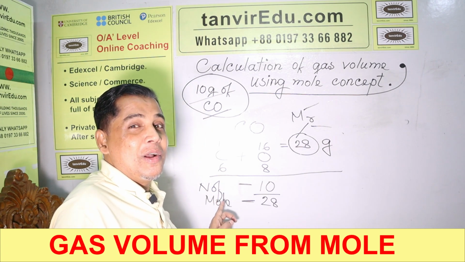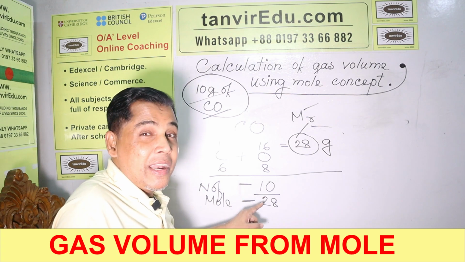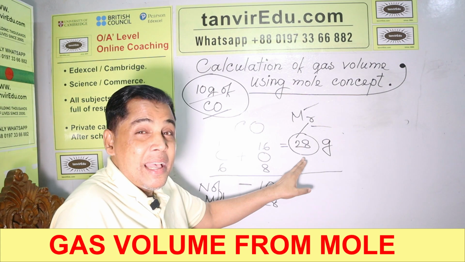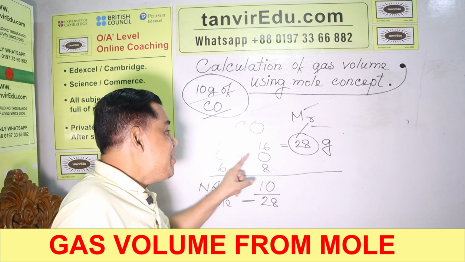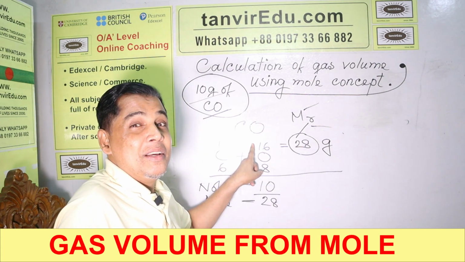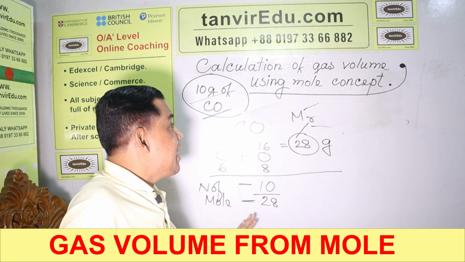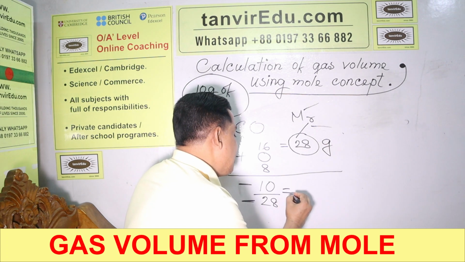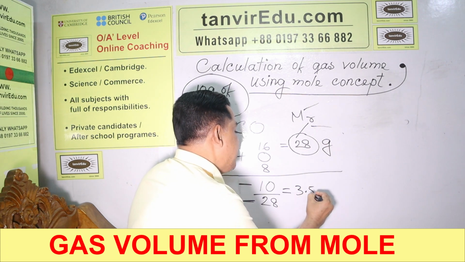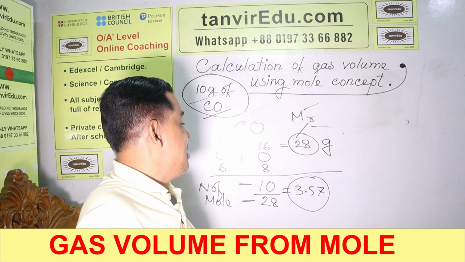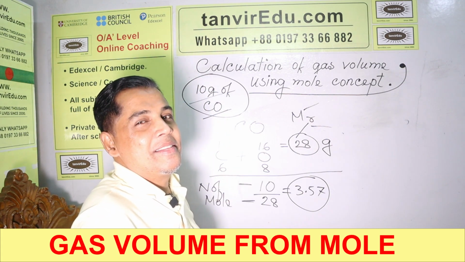Number of moles is equal to given mass divided by mass of 1 mole. Definitely this is 1 mole we are discussing. From there we get number of moles is equal to 3.57. This is the second stage.